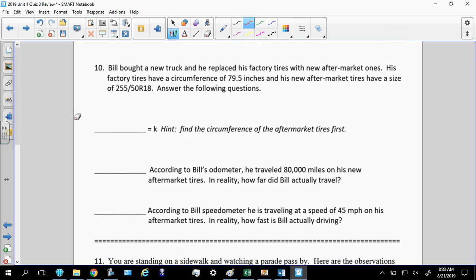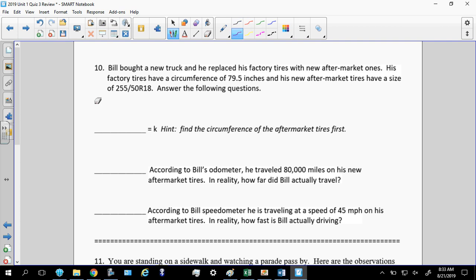All right. Question number 10. Bill bought a new truck and he replaced the factory tires with new aftermarket ones. His factory tires had a circumference of 79.5 and his new aftermarket tires have a size of 255/50/18. Now, this is the tricky one about this one. I'll probably only ask you this on the review.